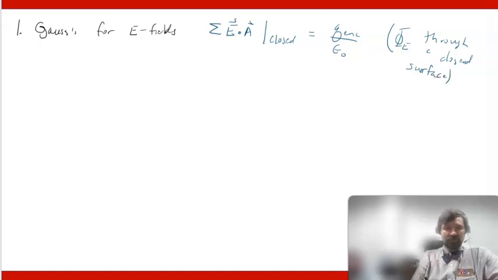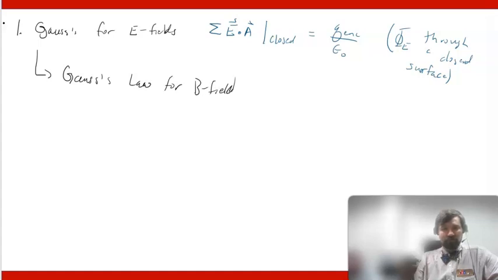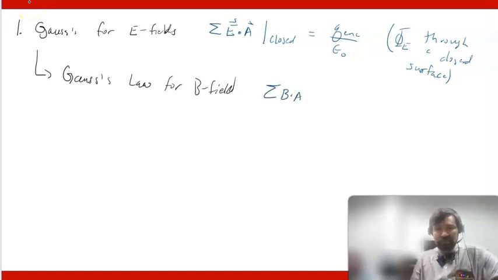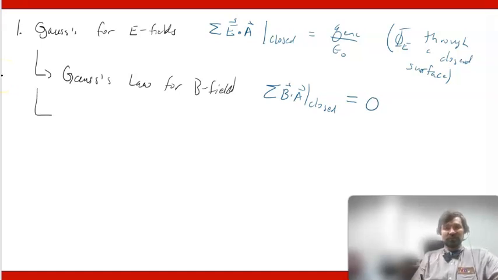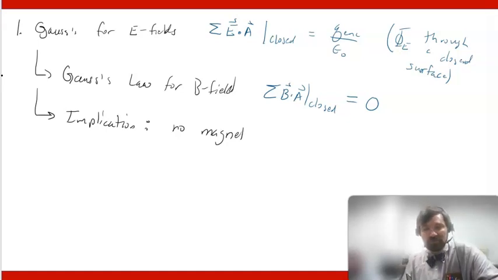In the case of magnetic fields, what you get is this. Gauss's law for B field is that the same basic idea, B dot A for a closed surface is equal to 0. And the implication of this is that there are no magnetic monopoles. So that's just our Gauss's law equivalent.